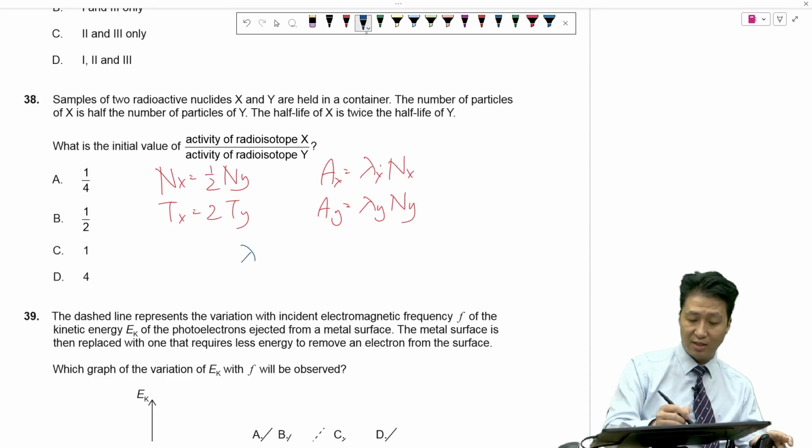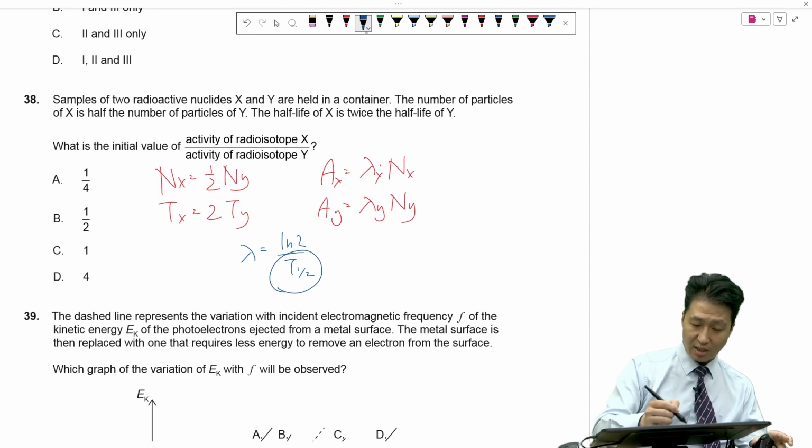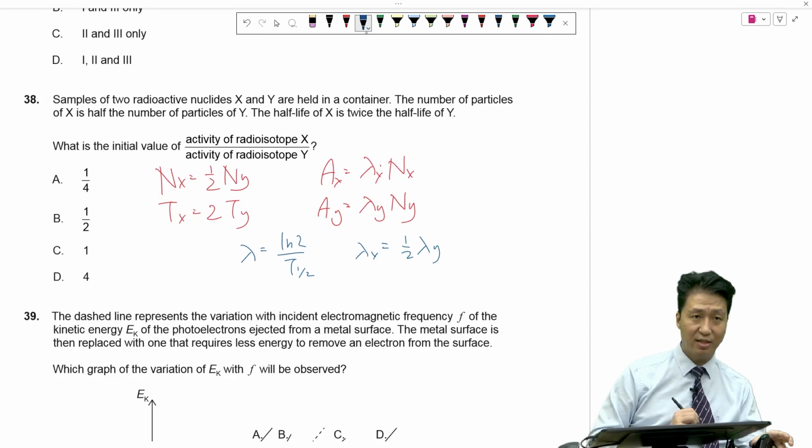In order to find the decay constant, you have to get the natural log of 2 over the half-life. Which means that decay constant of X is 1/2, no, twice, the decay constant of Y. Because Y has 2 times the half-life, so it has 1/2 decay constant.